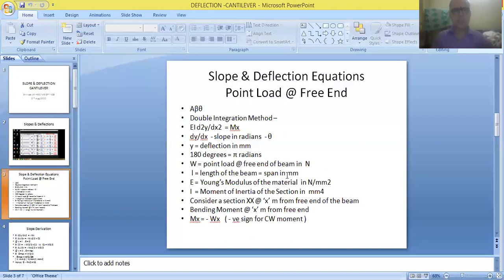This applies in the case of any load acting on the top surface of any beam. Now we are going to talk about a point load acting on the cantilever. For this situation, we have to write down the formulas for slope and deflection.